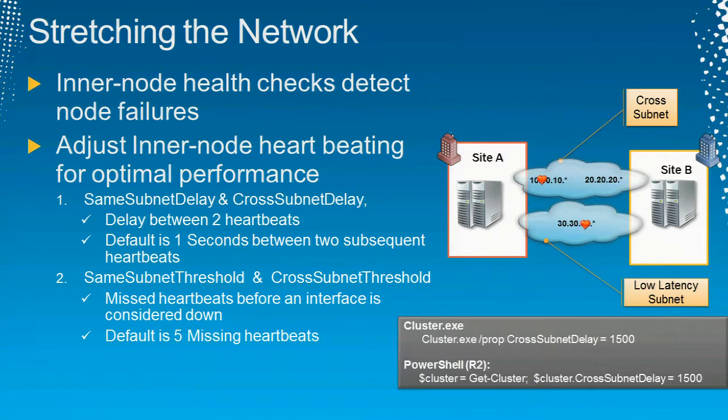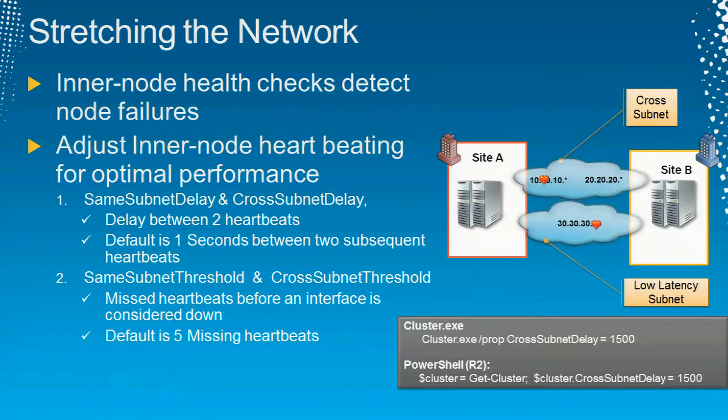The other is a cross subnet, which is a relatively high latency network. In this case, there are two things you need to keep in mind. If you have a high latency network, you may have a problem: if the keep-alive messages are not sent and acknowledged within a given time interval, the network may be declared unhealthy, and we would start moving the workloads which depend on that particular network.